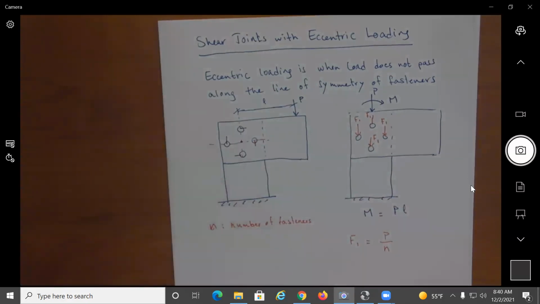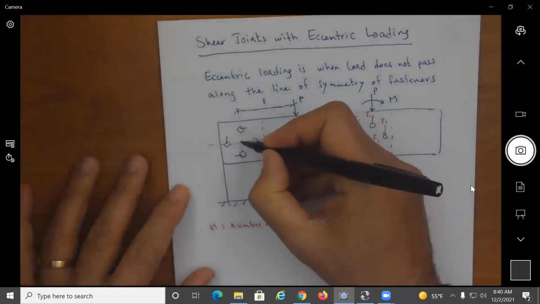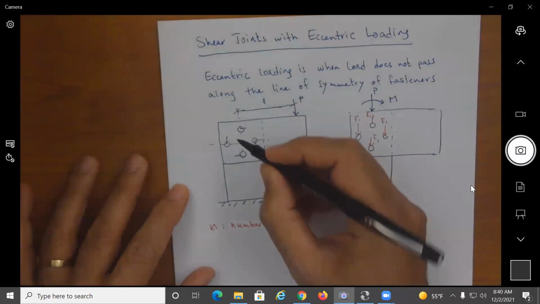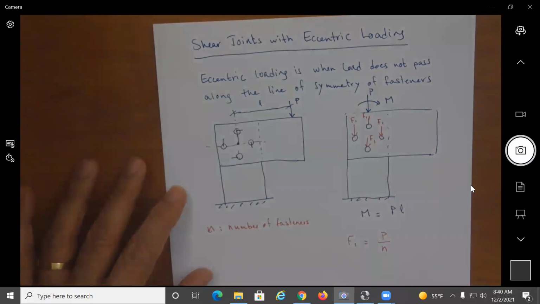Now, how much this relative displacement is going to be at the location of the fastener is directly related to the amount of force that this fastener is going to have to take in order to resist the moment. And this distance is related to the distance from the centroid of the fasteners to the location of the fastener itself.